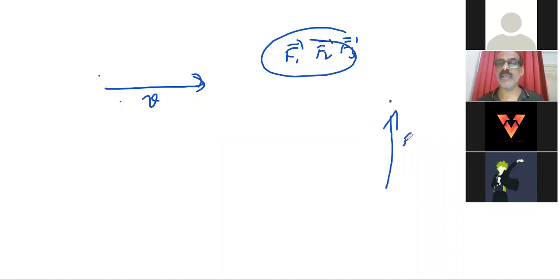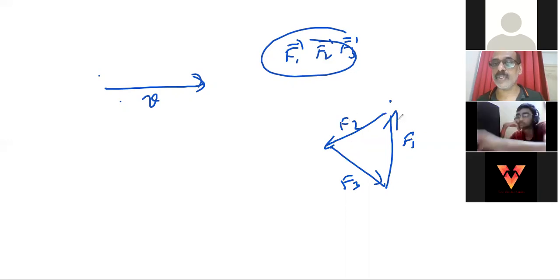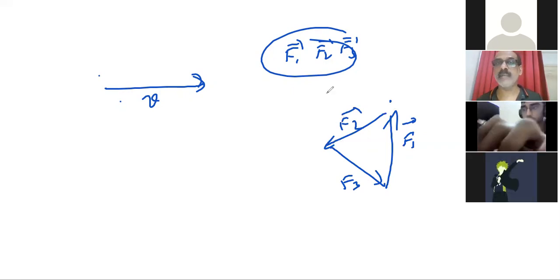Say F1, F2, F3. Usually we take the resultant in reverse order, right? In the triangular law, two vectors will be in one order, the resultant will be in the reverse order, right? Yes, sir. But here all the three are represented in the same order. Okay, these triangle sides are taken in the same order.